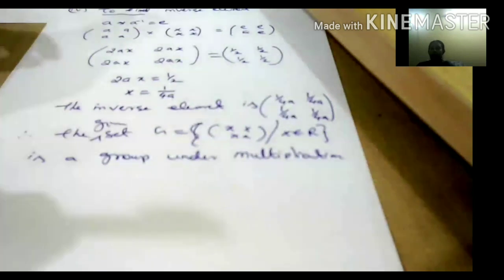For proving an abelian group, you have to check one more property, the commutative property. The commutative property is A into B is equal to B into A under multiplication. Under addition, it means A plus B is equal to B plus A. If you prove that, we can conclude it is an abelian group. Like this we can do any problems related to group theory.